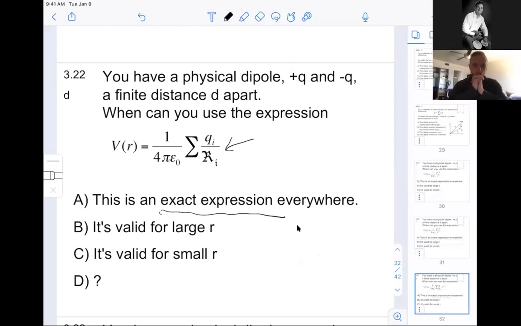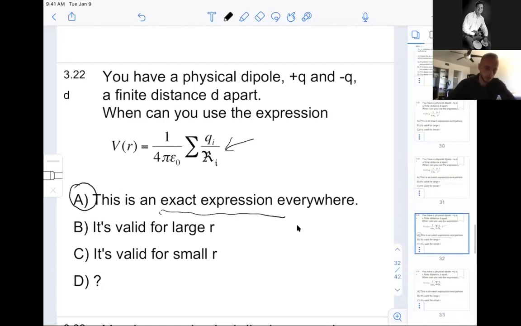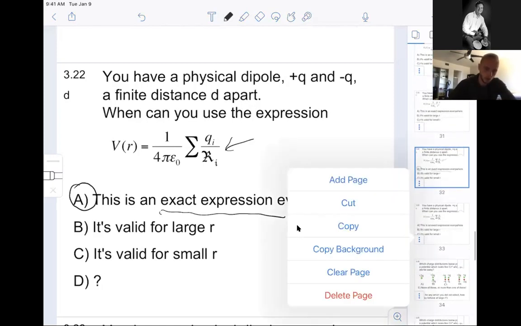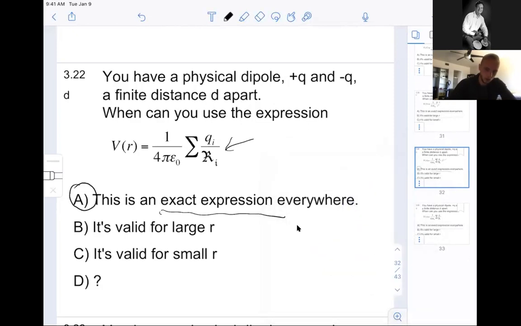It's not always the simplest method, it's oftentimes the most difficult method, but it's always exact. And if you can't do it by hand, eventually you can still use a computer. So this method is universal and it is an exact expression everywhere. We'll start out with this expression and see how we can simplify a charge distribution and calculate the potential using a multipole expansion method.